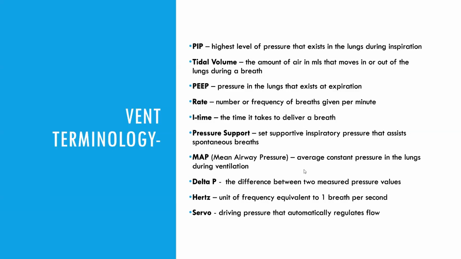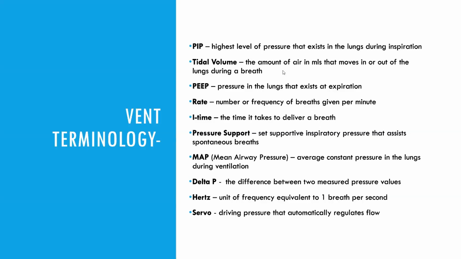Your PIP, or peak inspiratory pressure, is the highest level of pressure that exists during inspiration. So when you and I take a big deep breath, if we were to hold it and somebody were to drop a pressure manometer down into our lungs and measure the amount of pressure it took to get that big deep breath, that's your PIP. It's the pressure measured by your breath on inspiration.